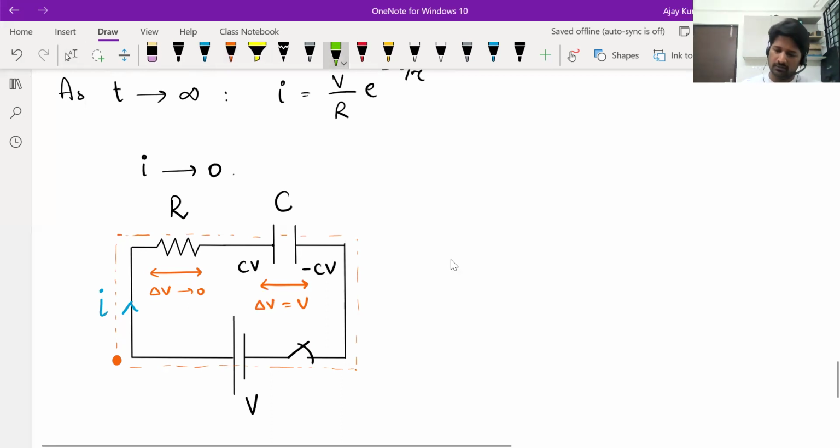Effectively, what will happen? This entire branch, all that you see on the left hand side connected to the left plate, all this will come to one potential and the other side will come to one potential. That's all. No further flow of electrons. This is what will happen finally as t tends to infinity.